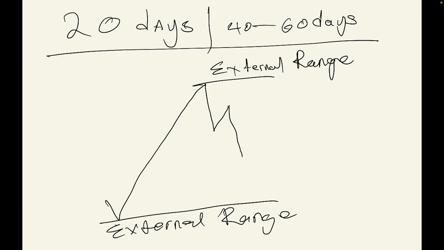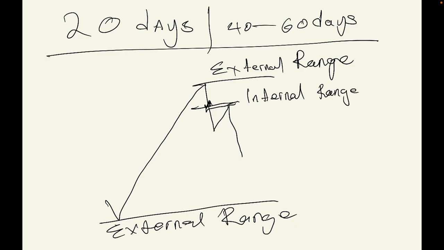What you're going to be looking for is anything inside here. Maybe you have an order block here, and then price gets to it. We're going to call this an internal range liquidity.